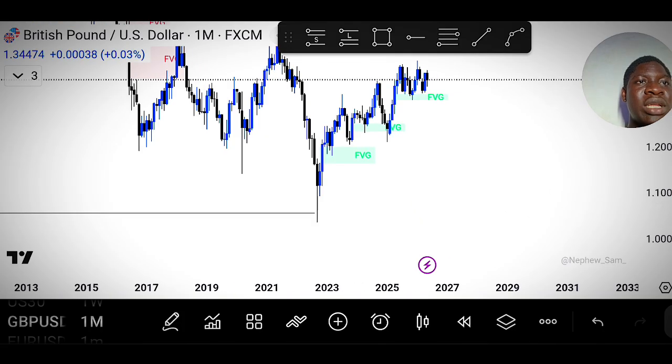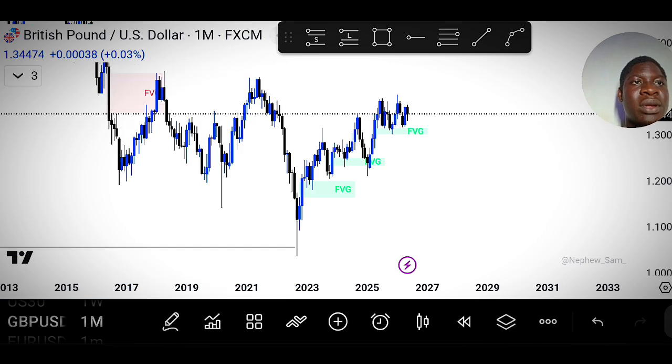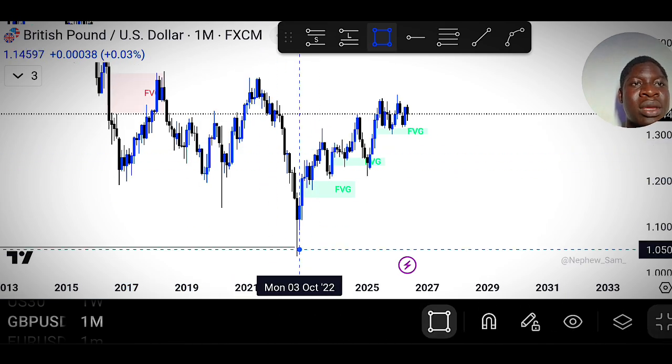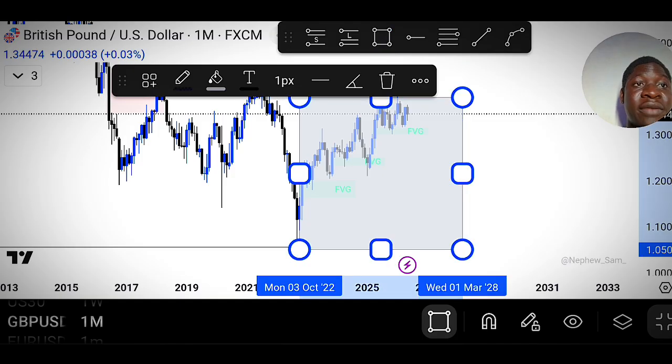So now we are focusing on this area. This is the monthly time frame. Don't forget, you just want to get the direction of the markets from this monthly time frame. That's the only thing you want to get from it.